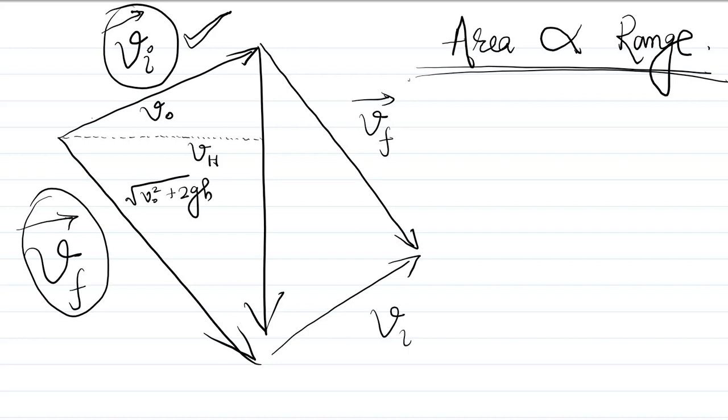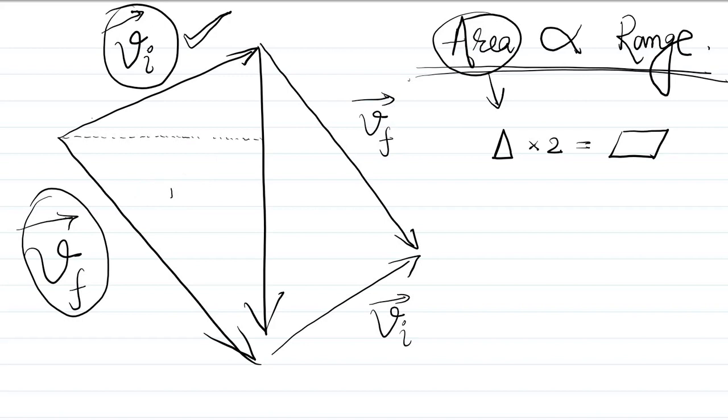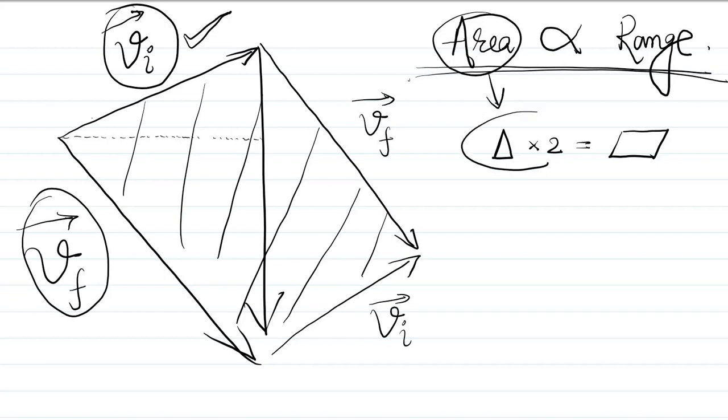So this one became the v initial vector, and this area which was area for the triangle, if multiplied by 2 becomes area for the parallelogram shown in this diagram. So the area I'm talking about for the parallelogram is this one. See, this complete area is the area of the parallelogram, which is twice the area of this triangle.